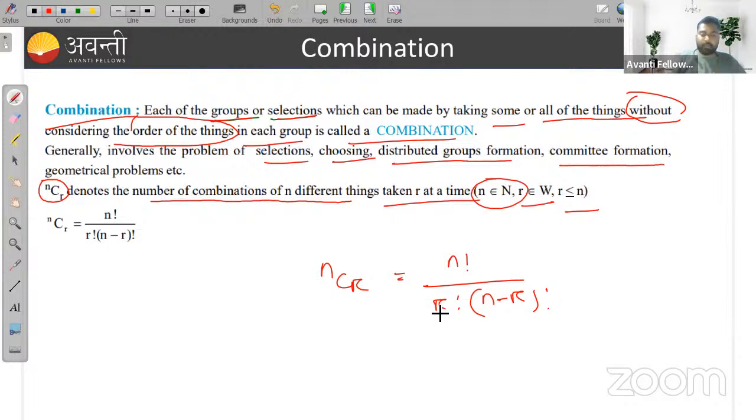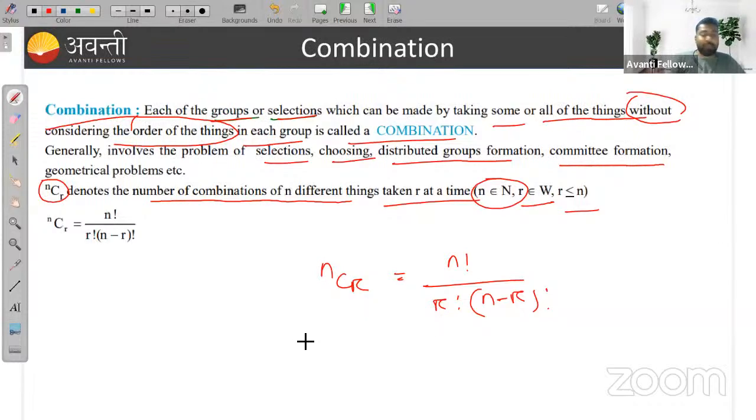So in combinations, what are we doing? First, we are arranging our objects, then we are selecting r objects from n objects.